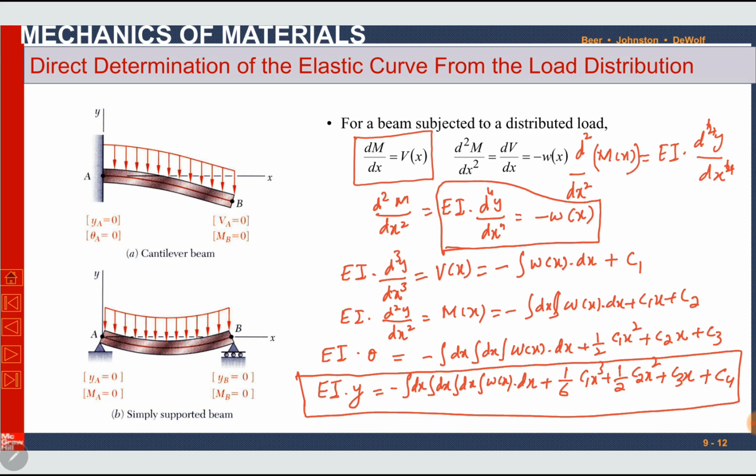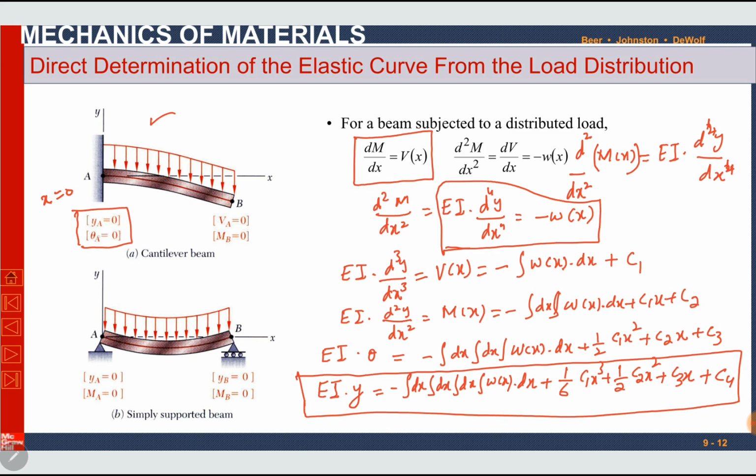So here in this beam, which is a cantilever beam, we already know that at the fixed end, where x is equal to 0, we have deflection equal to 0 and theta equal to 0.